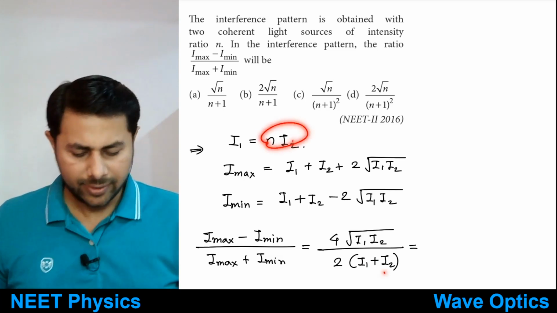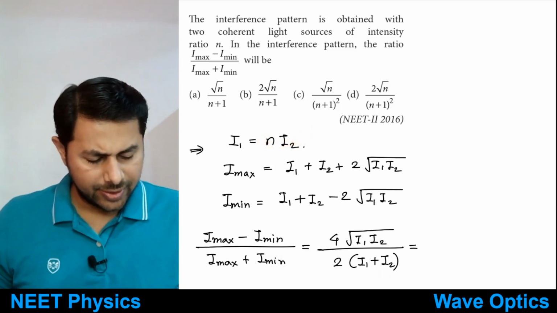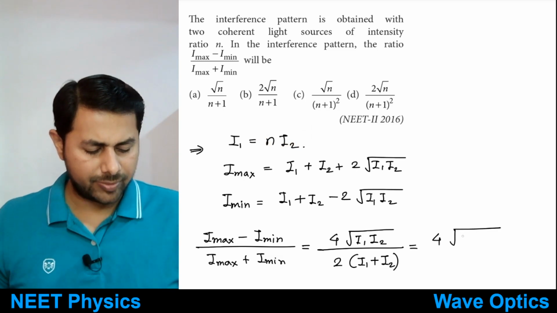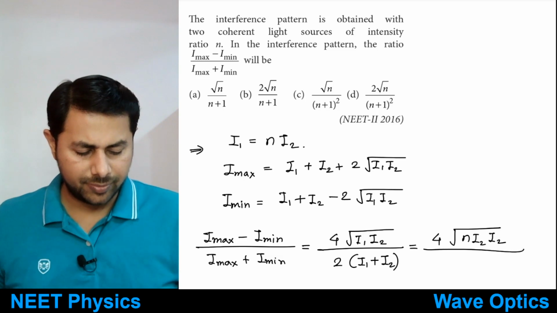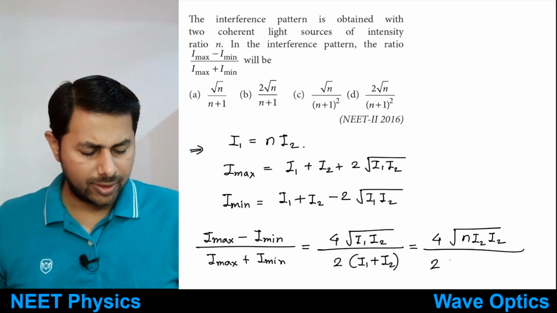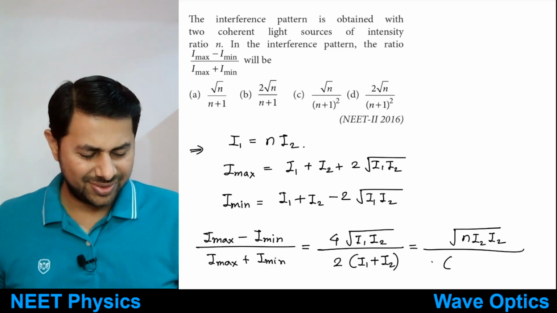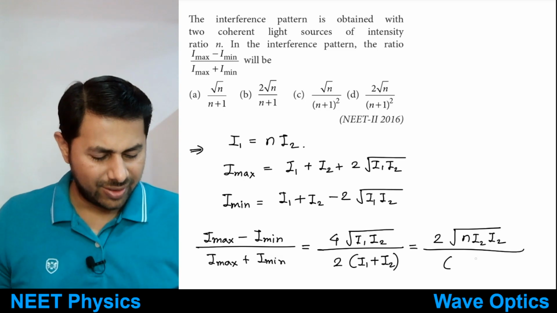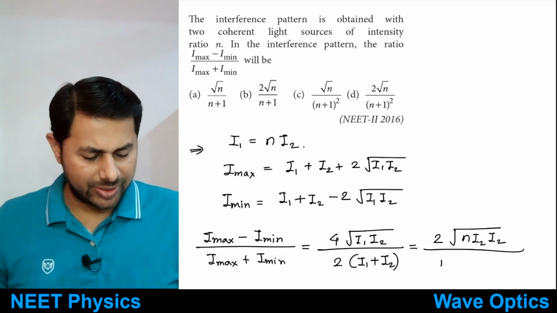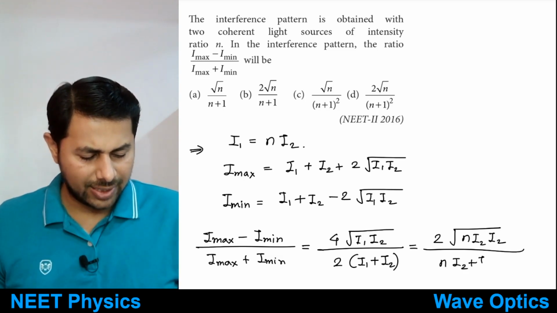Just substitute that. Then what do we get? We get 4 times root of n times I2 times I2, divided by 2 times, okay, 4 by 2 is 2, right? So 2, and in denominator you have I1 which is n times I2 plus I2.